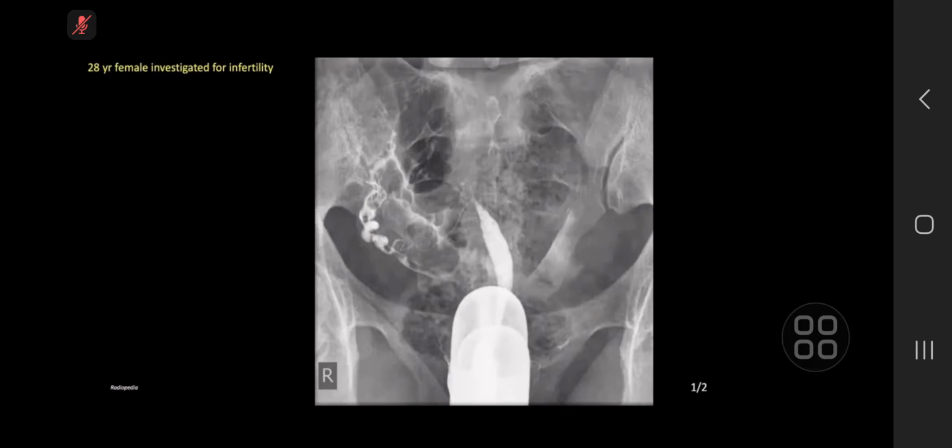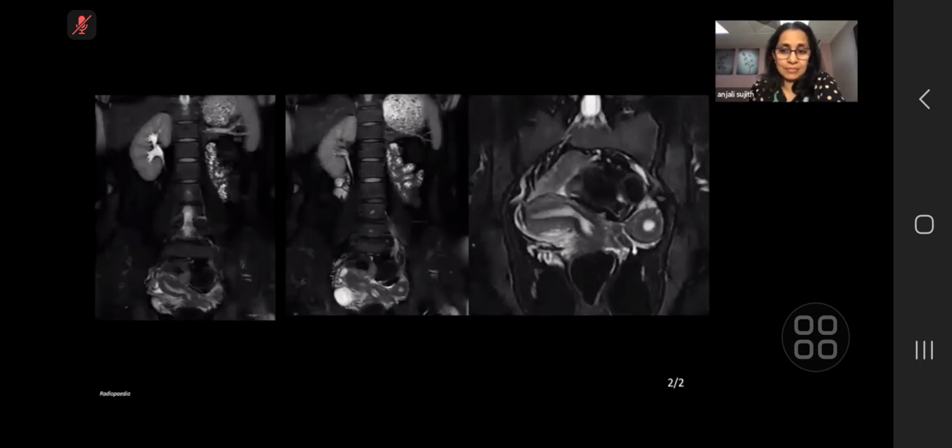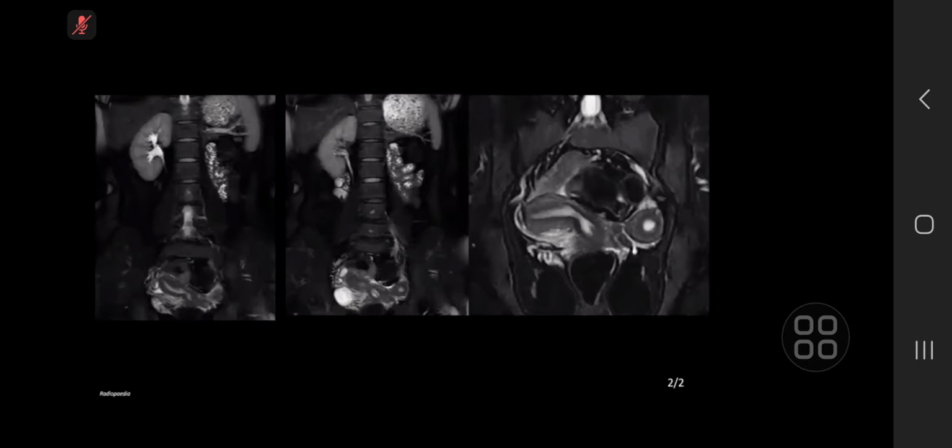Okay, so here you go. I've got coronal views, and then the third image is focused on the pelvis. There are two uterine cavities that are separate.